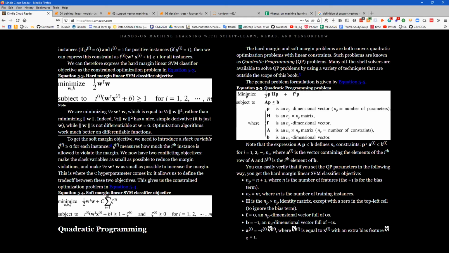What? But he says right here, right? Make the left side equation as small as possible. That's how you do it. Make the slack variables as small as possible to reduce the margin violations and make... So he's saying make them both small.